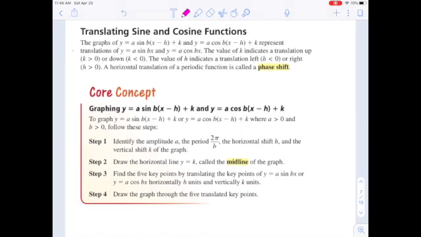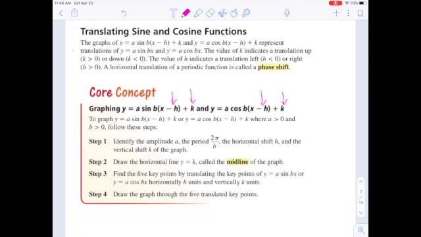We move into translating sine and cosine functions. So think back to every other function that you've talked about this year, and you're going to see translation. You're going to see numbers being added or subtracted inside of your function, and added or subtracted on the outside of your function.